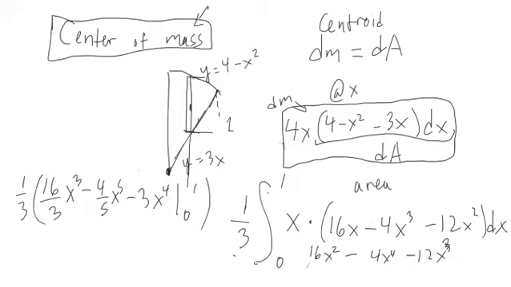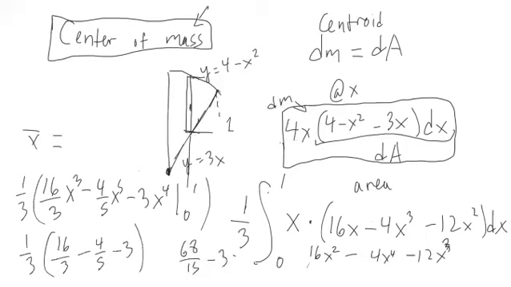Okay, and so this is going to compute what x bar is in this particular case. So then we end up getting 16 thirds minus 4/5 minus 3, times 1/3. So let's see. This would be 80 minus 12, so 68 over 15. 68 over 15 minus 3, so 45.